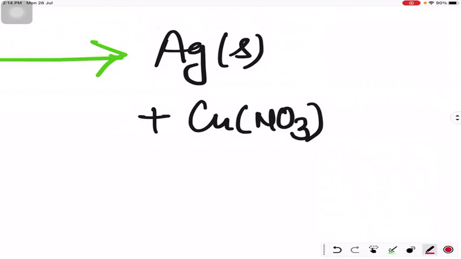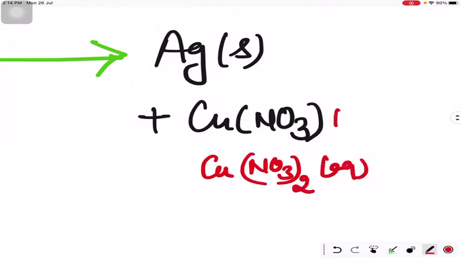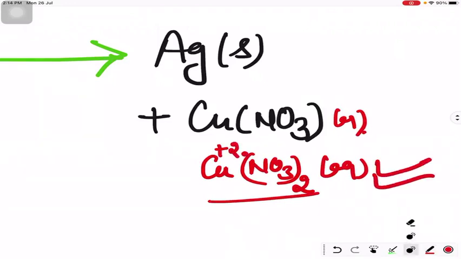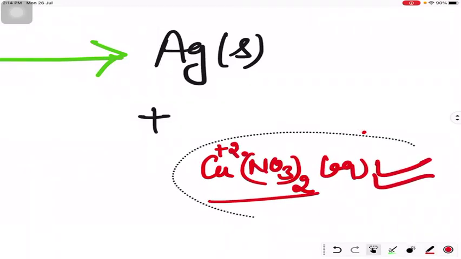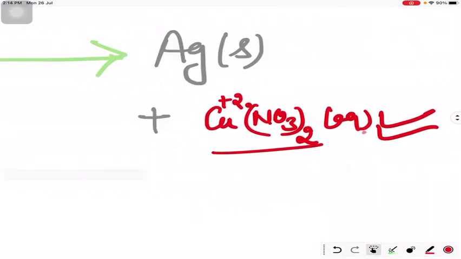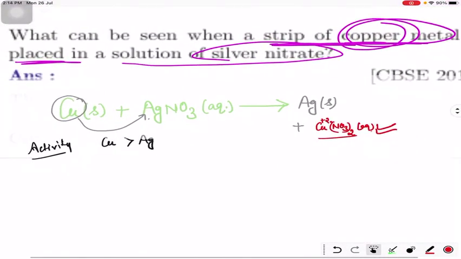It can form both CuNO3 or Cu(NO3)2, but because this is in solution, copper in +2 oxidation state is more stable. So this will form, this will not form. This is your second product, the formation of this compound.